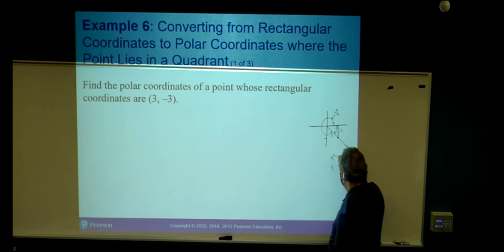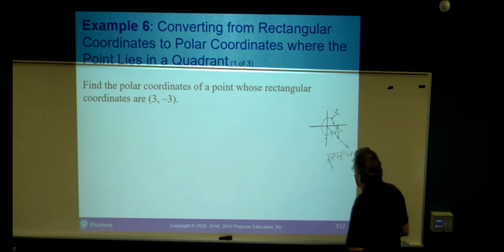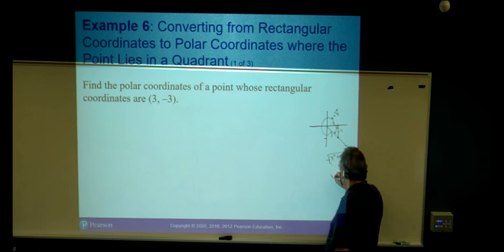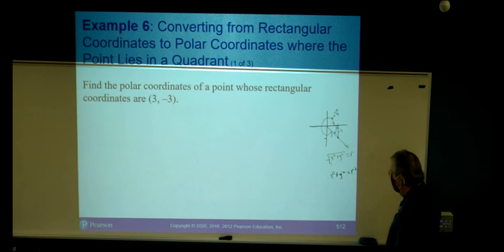Because I know x squared plus y squared, square rooted, gives me the R. And they almost always look at it this way: x squared plus y squared equals R squared.